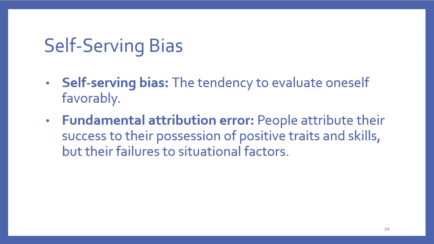If something good happens in my life, I can say it's because of the effort I went through to make it happen. So it's my disposition; I have something about me where I made something good happen. But if something bad happens to me, it's because something situational happened, like somebody did something to me, or there was an event that inhibited my success.